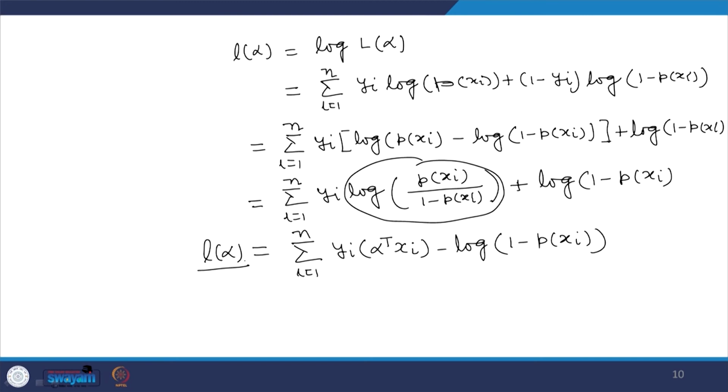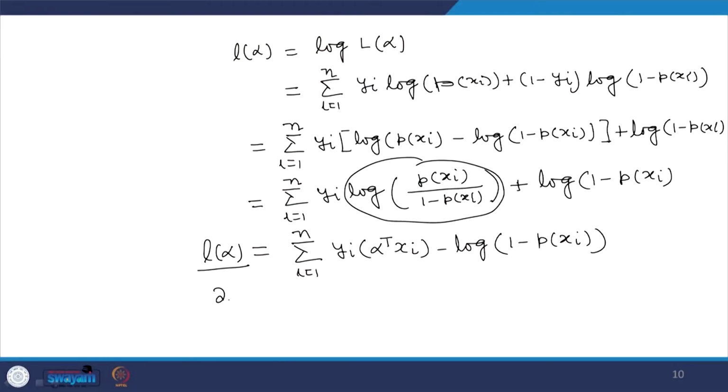Now, unlike the least squares case which we have seen, where we had a closed form solution in terms of the pseudo inverse or the like, here we do not have a closed form solution. For maximizing, I have to set del L(alpha) over del alpha equal to 0, the necessary condition for the existence of maxima or minima, and then I will not be able to get a closed form solution.